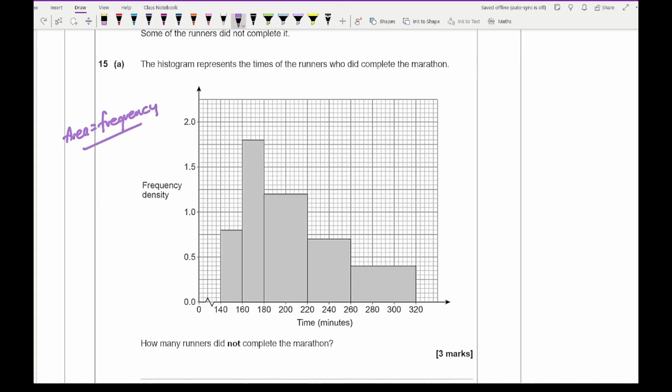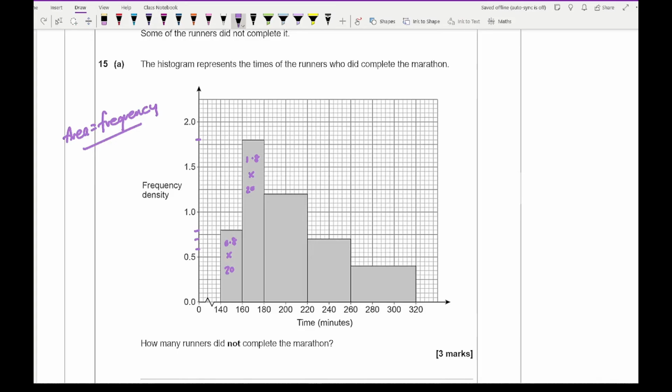So this bar here, splitting this up, I work out to be 0.6, 0.7, that's going to be 0.8. So it's 0.8 multiplied by the width, in which we use the scale, which is 20. This bar here, I work out to be 1.8 multiplied by 20 again.